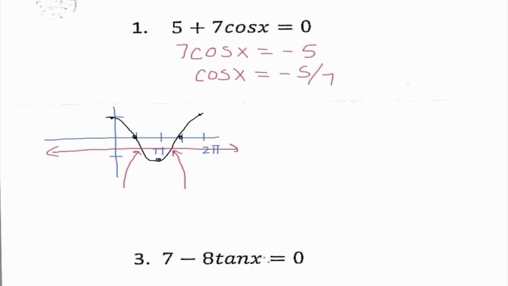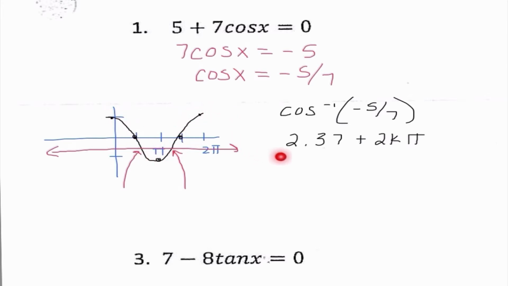The way that we are going to find our first solution is by using our calculator. And remember, the way we put this in our calculator would be cosine inverse of negative 5/7. And when I put this into my calculator, I get an answer of 2.37, and then I know that it is happening every single 2 pi because this graph continues and it's going to cross again and again and again.